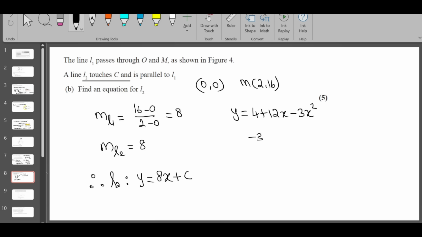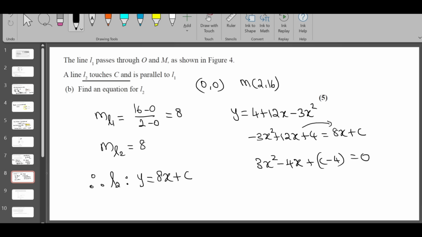So you can write minus 3x square plus 12x plus 4 is 8x plus c. Move everything this side, you will get 3x square. 8 minus 12 is minus 4x. And c minus 4 is 0. Just sub in this condition because the line touches the curve.